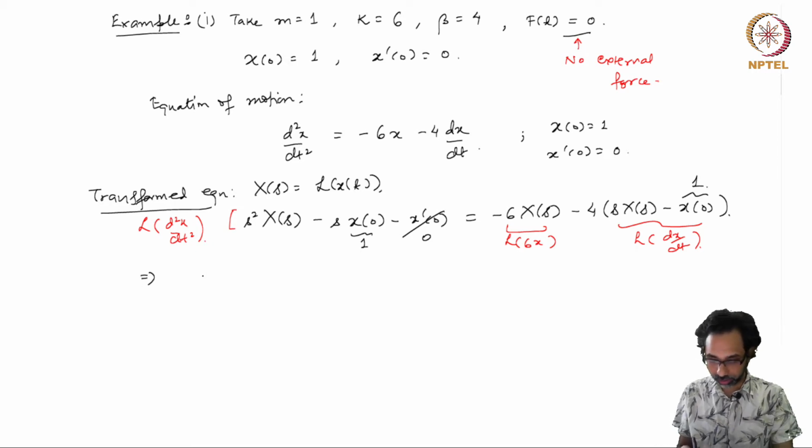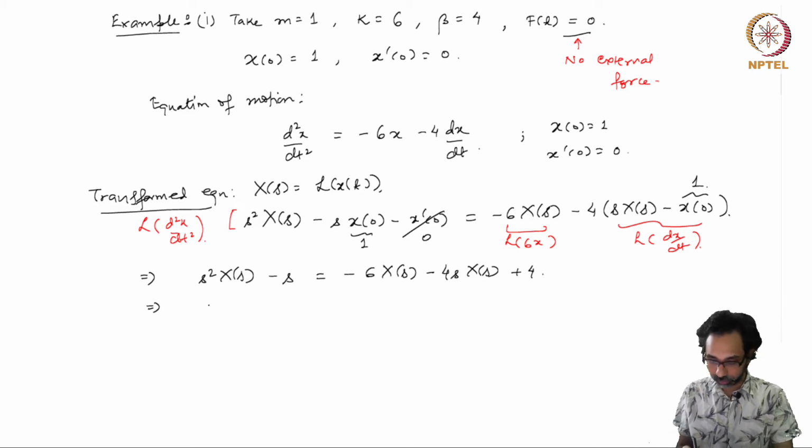So we get s square X(s) minus s is equal to minus 6 times X(s) minus 4s times X(s) plus 4.